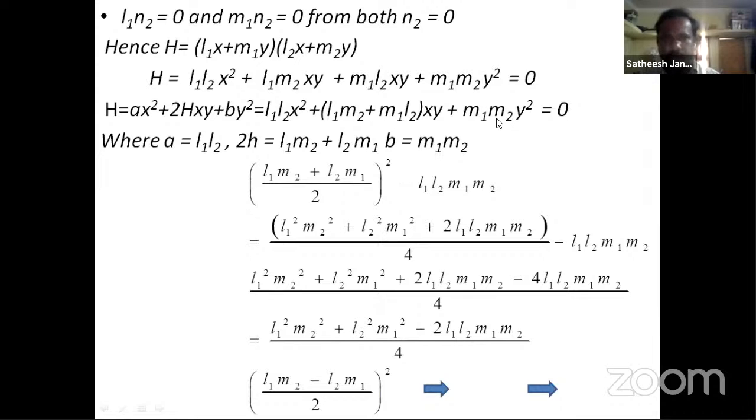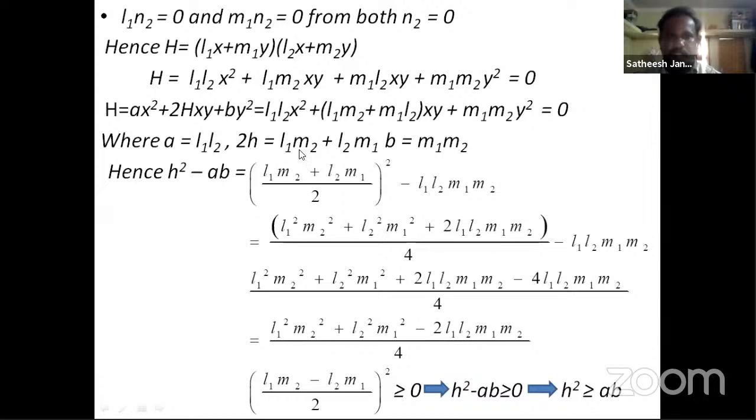We already observed this equation, where a is equal to L1 L2, 2h is equal to L1 M2 plus L2 M1, and b is equal to M1 M2. Now consider h square minus ab. Now find the value of h square minus ab. From this, what is the value of h?